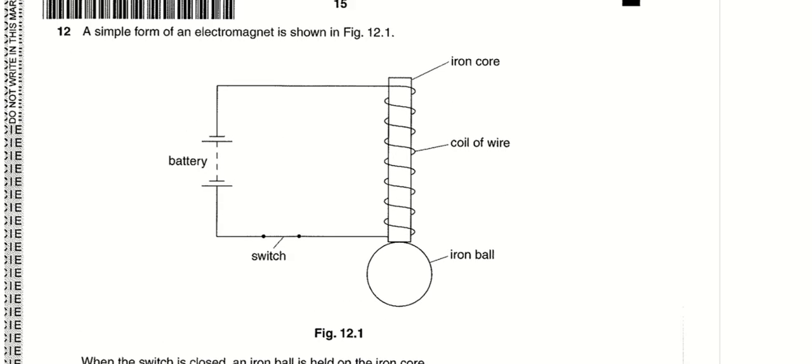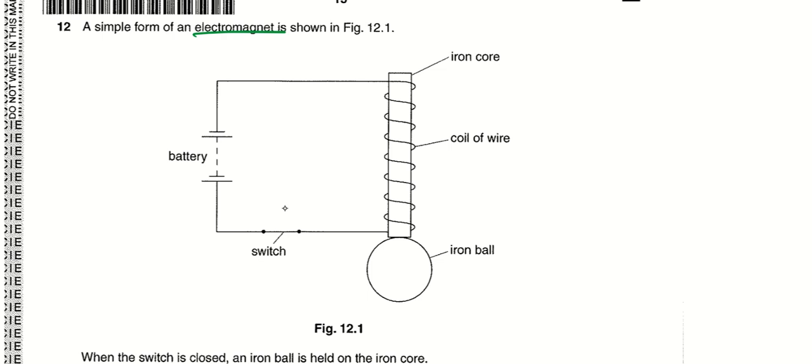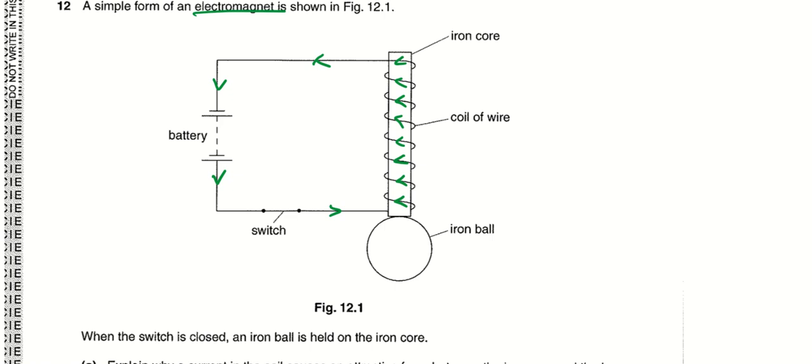Okay, then now we go to the last question. It is a simple form of an electromagnet. We see that there's a battery. So whenever current flows, you can actually mark out the direction of this current flow. Then you can use your right hand grip rule to know what is the direction of the poles of this electromagnet.